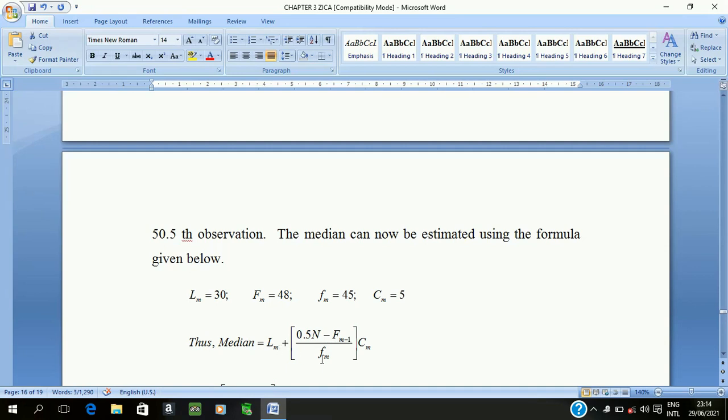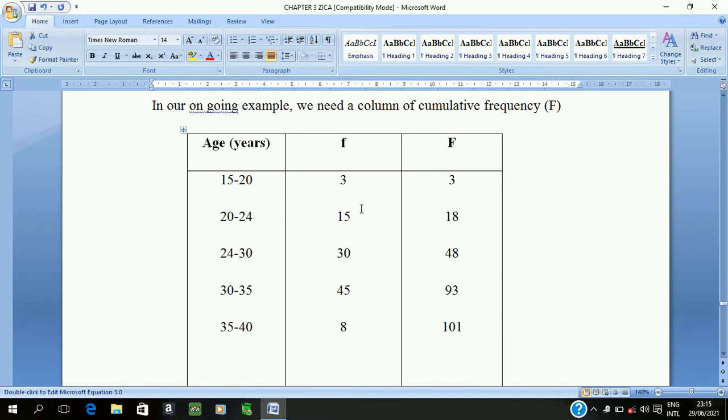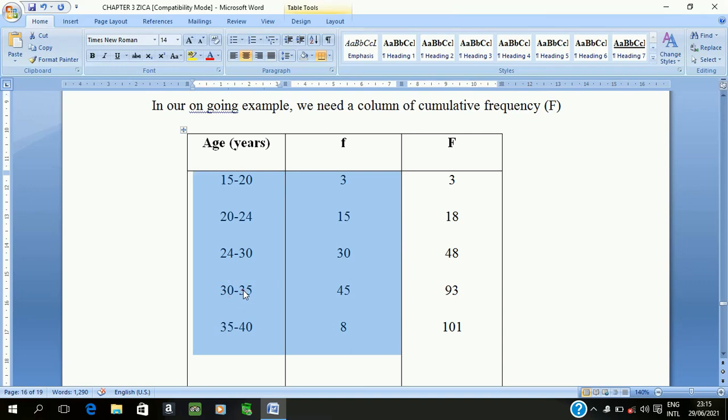Now let me show you how to pick these figures. Let's start with the cumulative frequency of the class immediately before the median class. Let's go to our data and find the median class. The median class is this. Then go back.